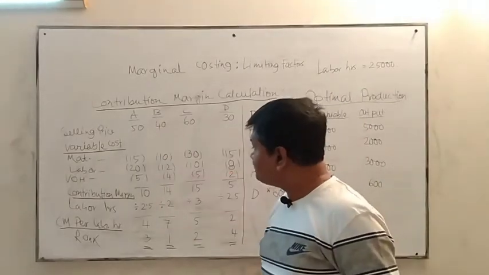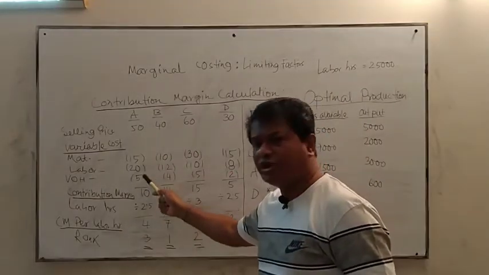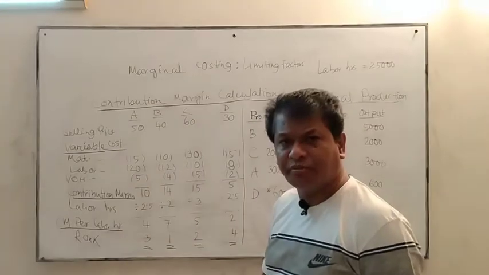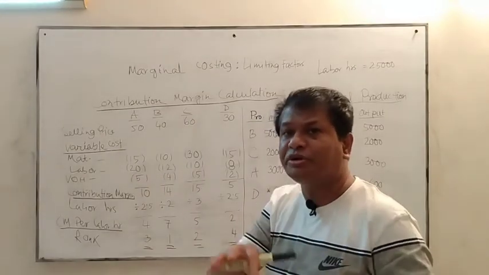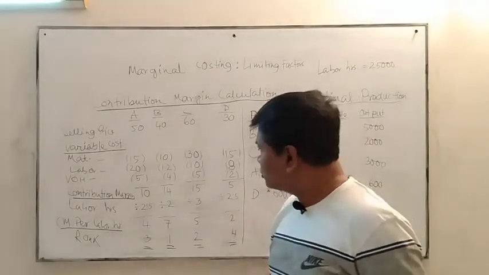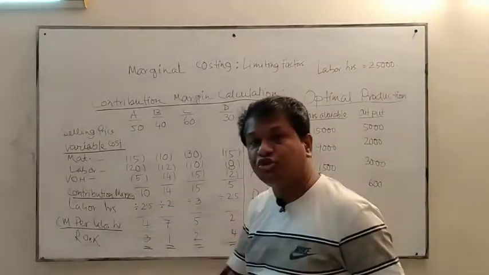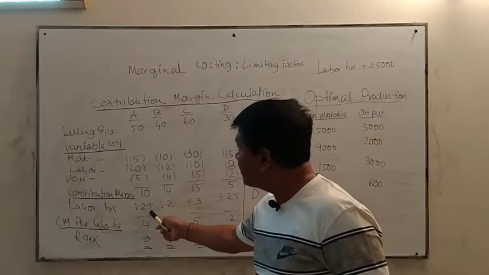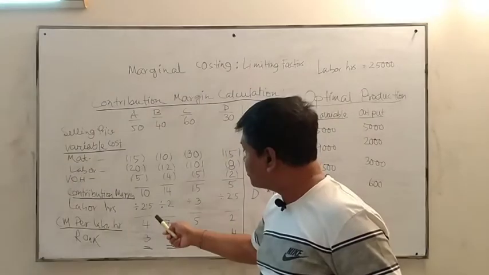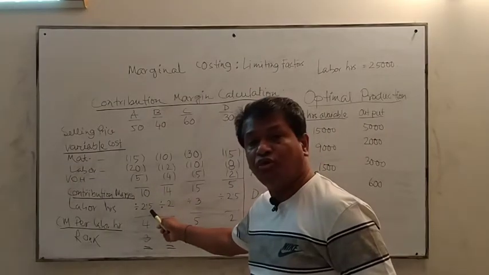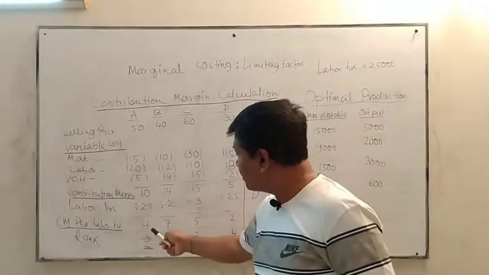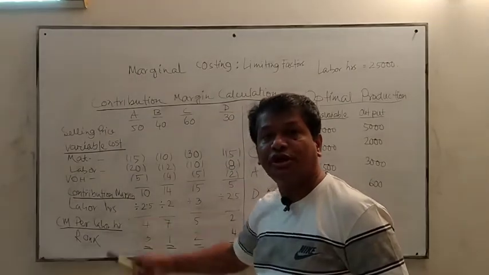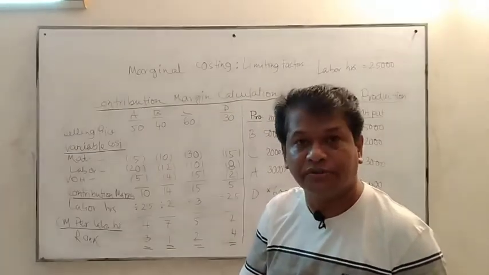So first of all, this is the 10 contribution margin per unit. Right now we are converting contribution margin per labor hour. So this contribution margin is to be divided by labor hour. Labor hour is needed 2.5 hours to produce 1 unit. That's why 10 divided by 2.5, the figure you got, that is 4. 4 is the contribution margin per labor hour.